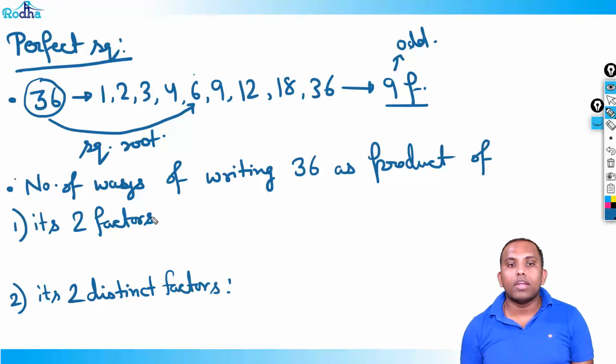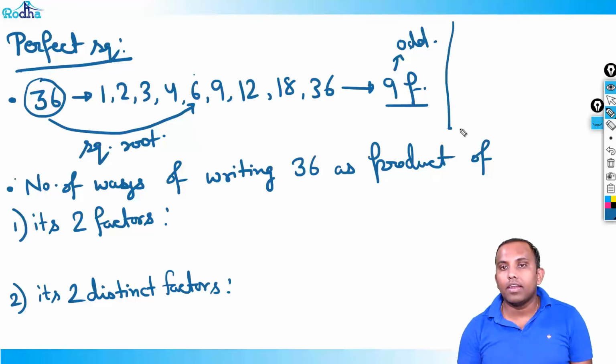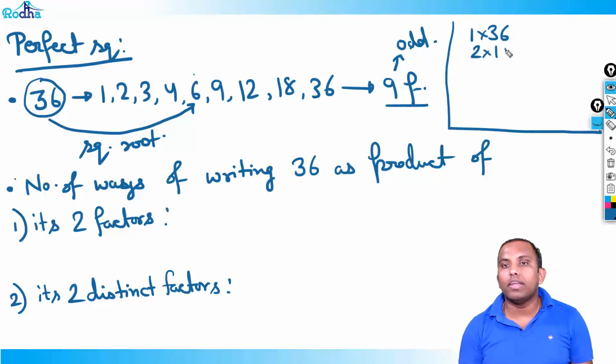I hope you understand why this question arises. Because 36 can be written like this: 1 into 36, 2 into 18, 3 into 12, 4 into 9, and 6 into 6. Both are the same number, 6 and 6.